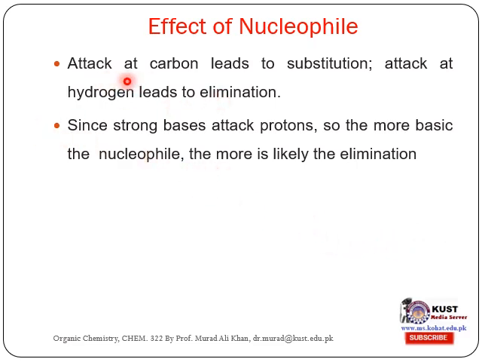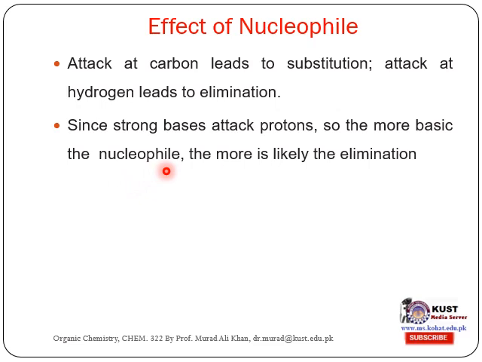Now, when the two attacks are different, the nucleophile will have a strong effect on the course of reaction. Strong bases attack protons, so the more basic the nucleophile, the more likely the elimination will occur. The proton is attacked by a strong base, so the strength of the nucleophile will determine the course of the reaction.